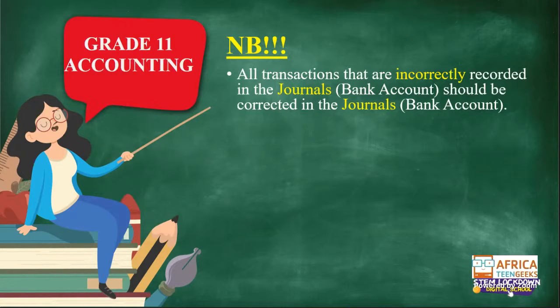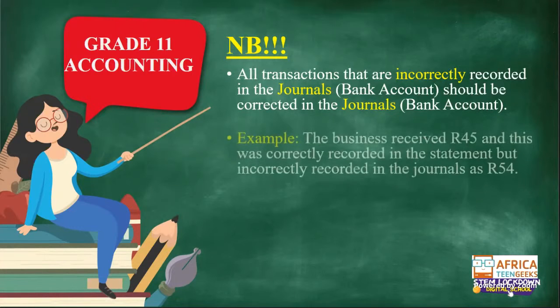You need to know that. Let me repeat it. Transactions that are incorrectly recorded in the journals must be corrected in the journals. But transactions that are incorrectly recorded in the bank statement must be corrected in a bank reconciliation statement.